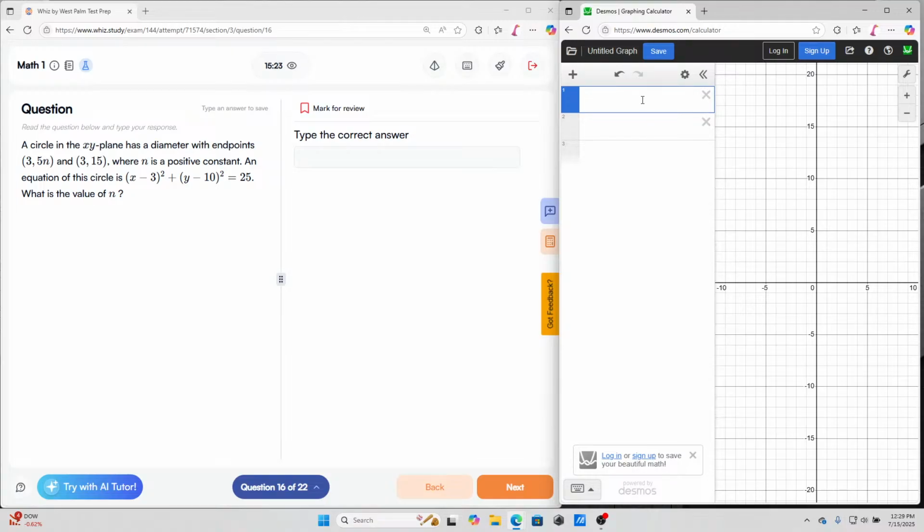So a circle has a diameter with the endpoints 3, 5n, and 3, 15. It's going to be -3. I'm pretty sure it's -3 here, but let's just confirm here.